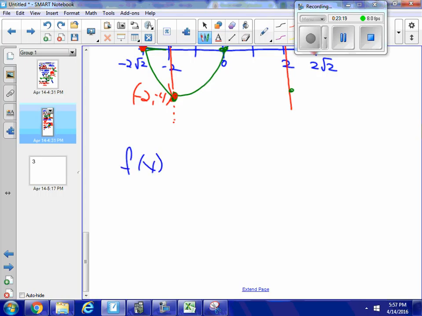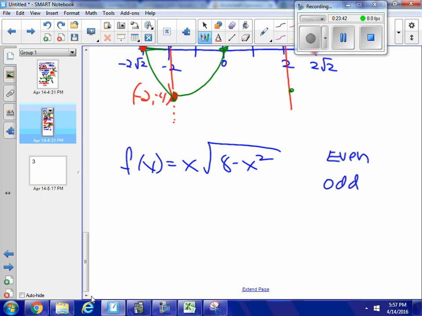F of x equals x times the square root of 8 minus x squared. And one thing that helps me in graphing is to determine whether a function is even, meaning it reflects across the y-axis, or if it is odd, which means it reflects across the origin.